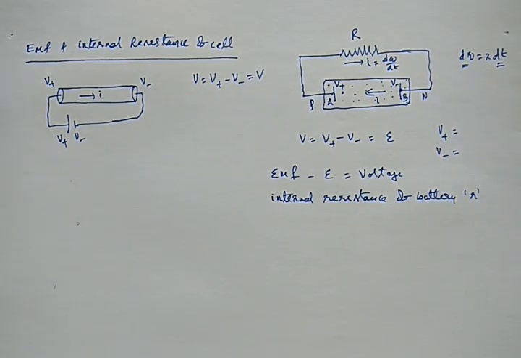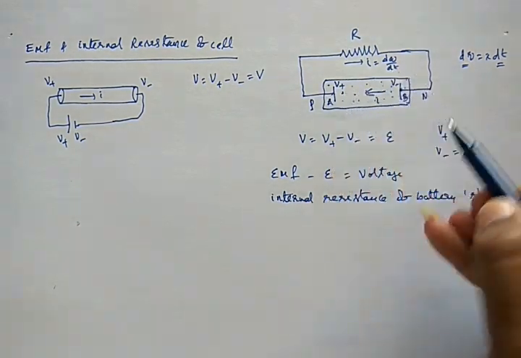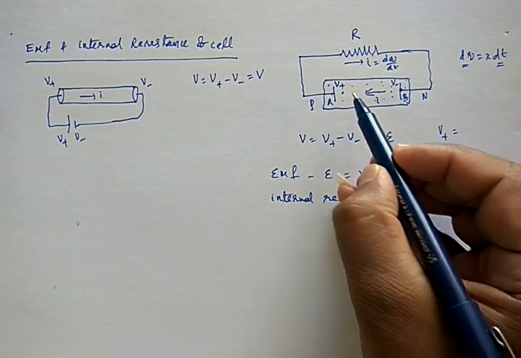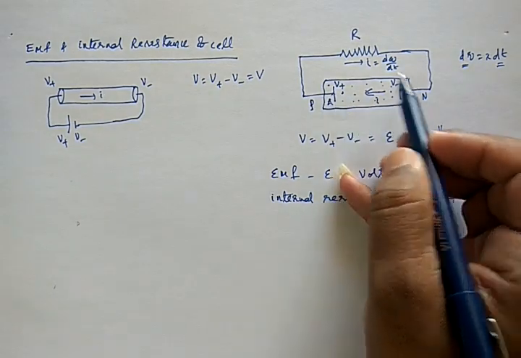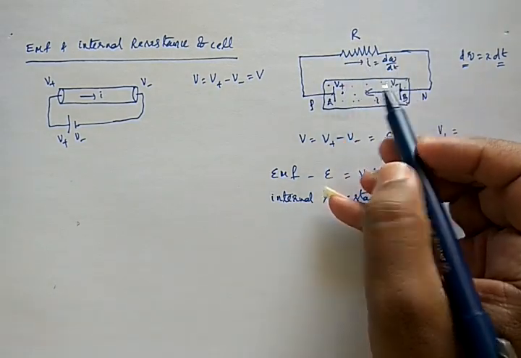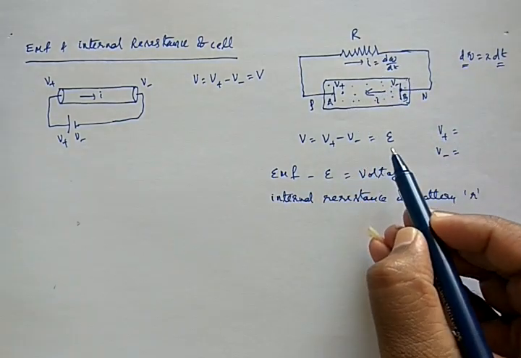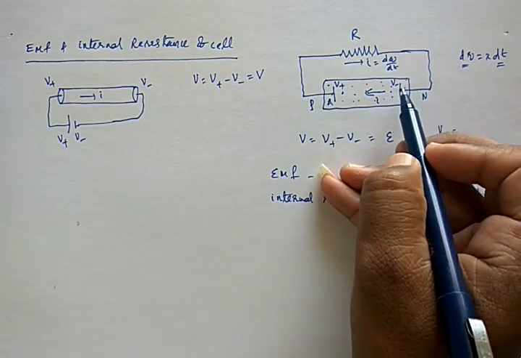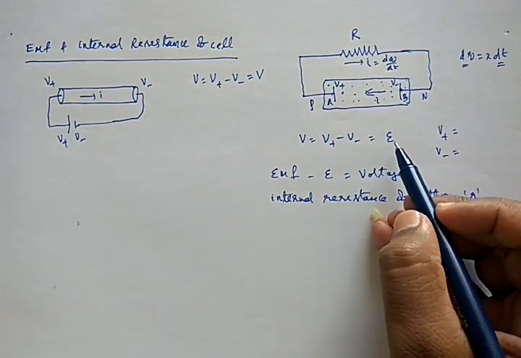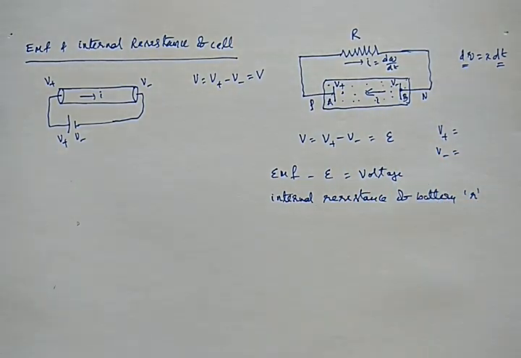That's the internal resistance of the battery. As I said, electromotive force is defined as the voltage across the positive and negative terminals if there is no current in the circuit. If there is current in the circuit, then the voltage across A and B will not be E, and it will be something less than E. Let us see what that is.